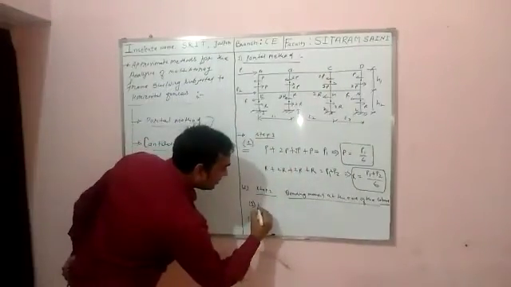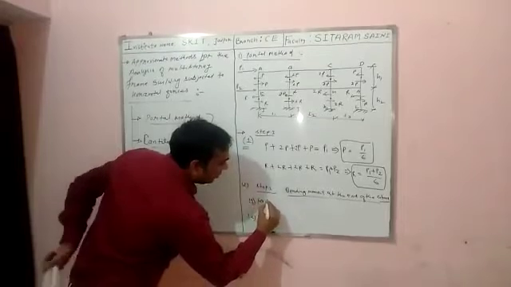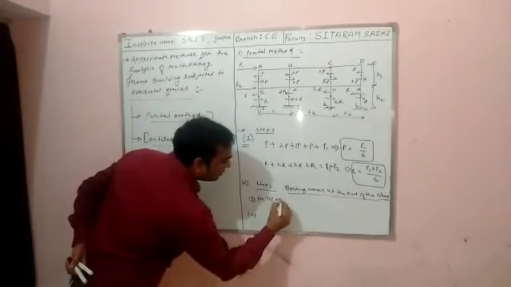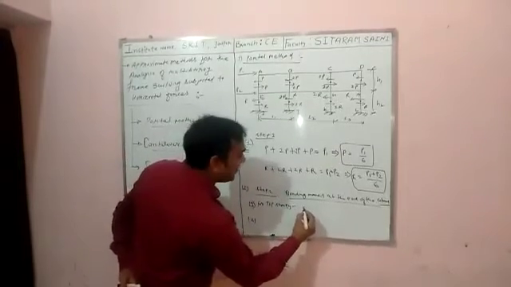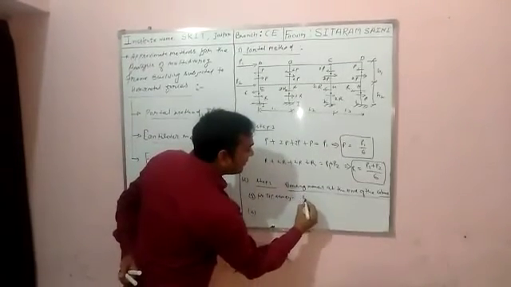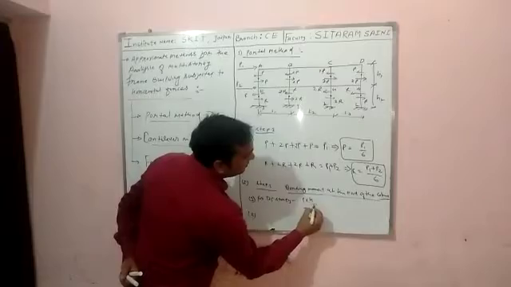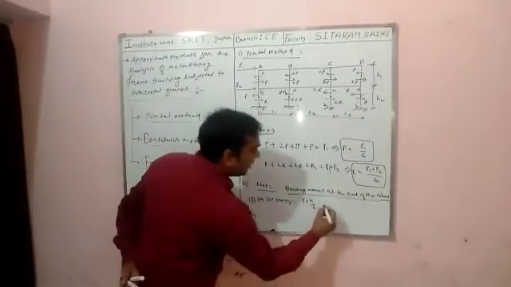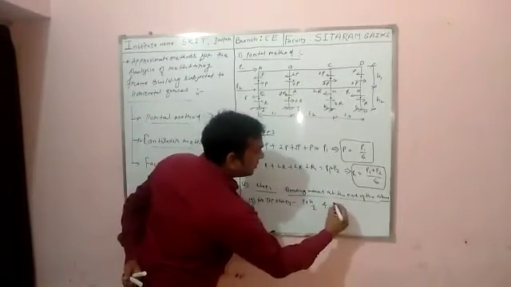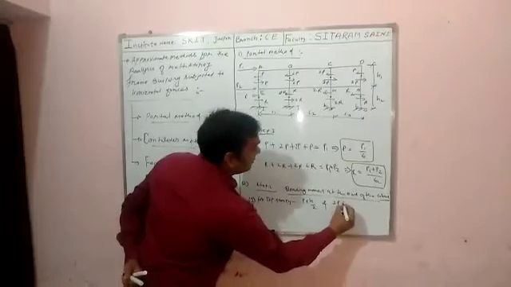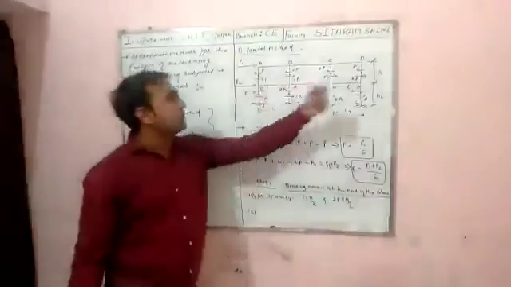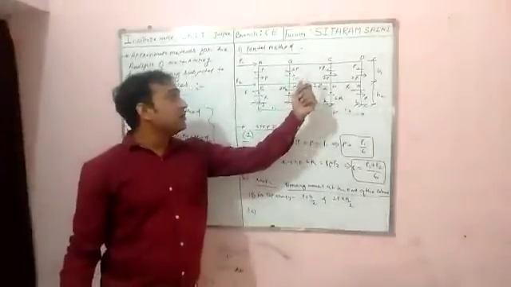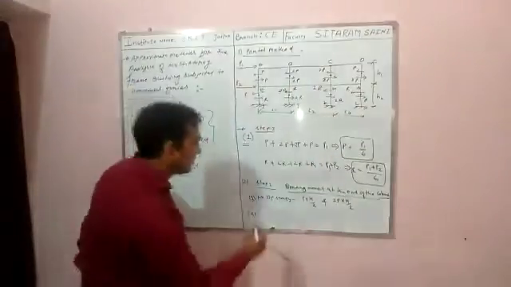For the top story, P into h by 2 for the first and last columns, and 2P into h by 2 for the middle two columns.